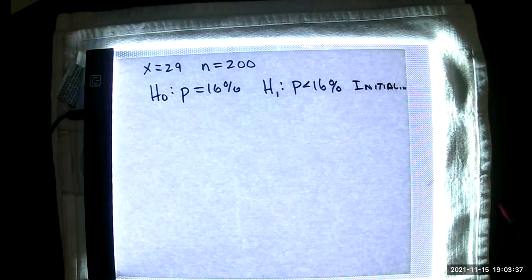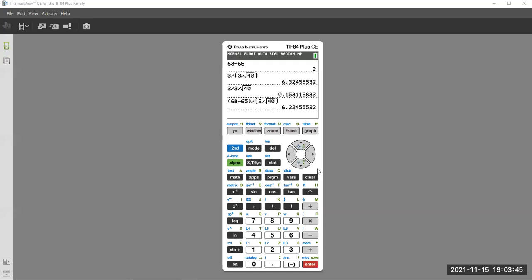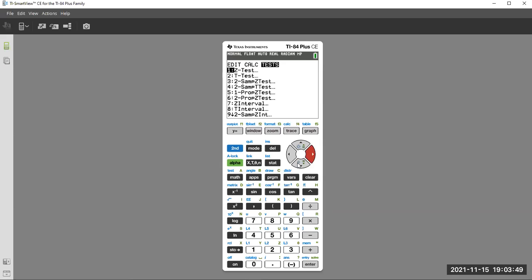And I'm really ready to go ahead and take care of the test. So, one prop z test. P naught 0.16.